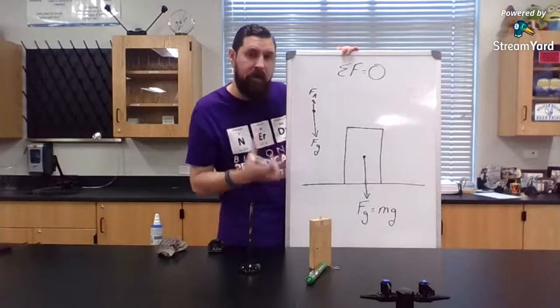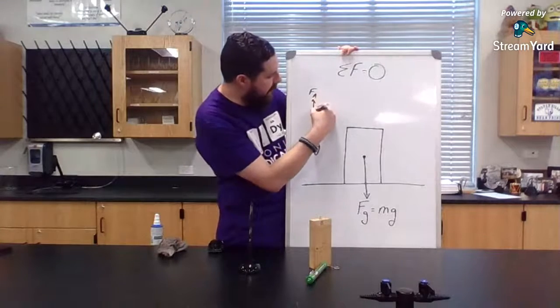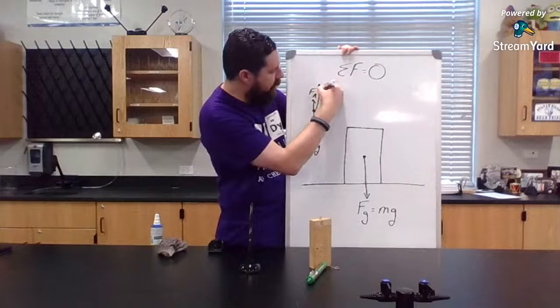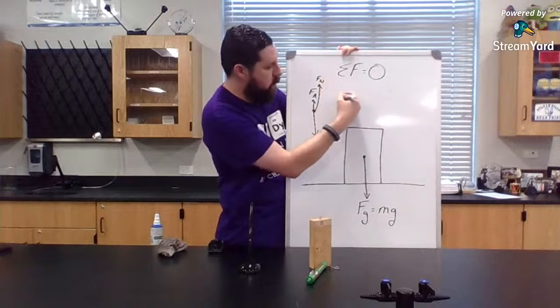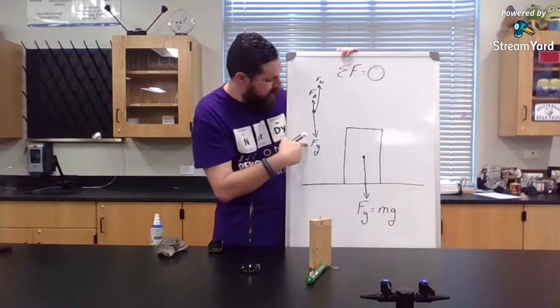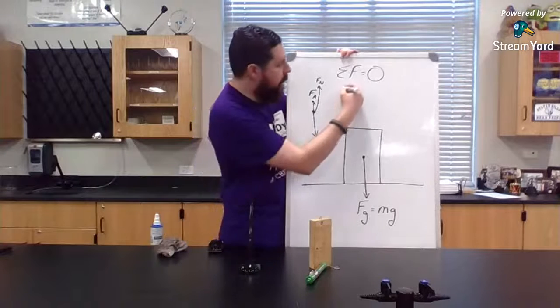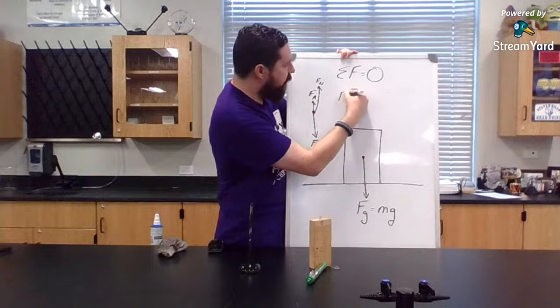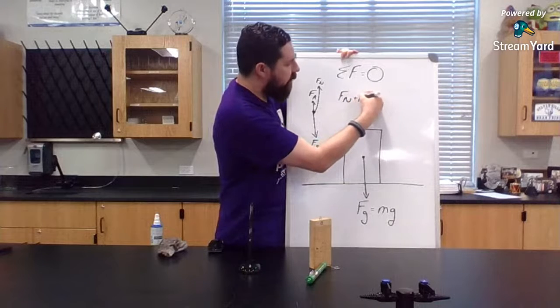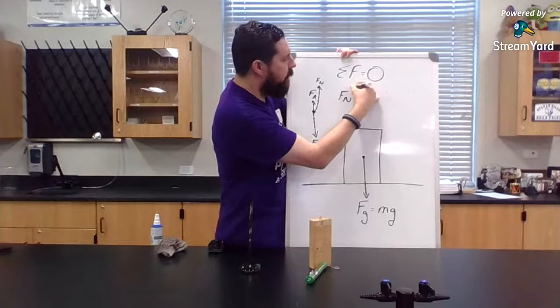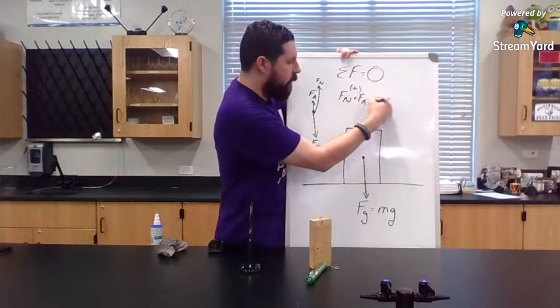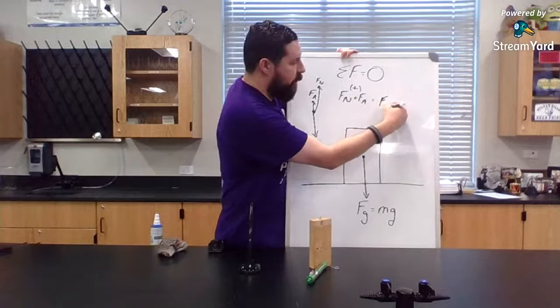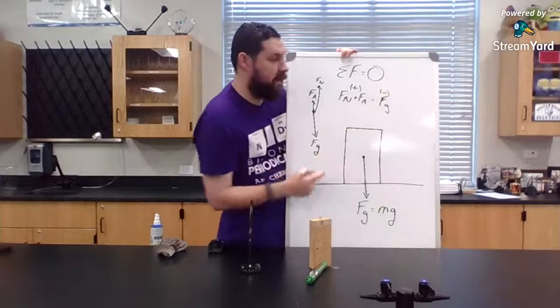Well, the only way it's going to equal 0 is if now my force normal plus my force applied equals my force of gravity. So in this case, what we end up getting is that the force normal plus the force applied, both in the positive direction now, has to equal my force of gravity in the negative.